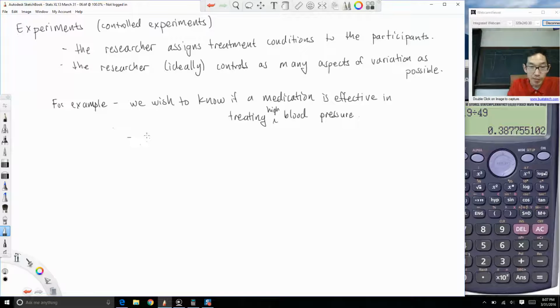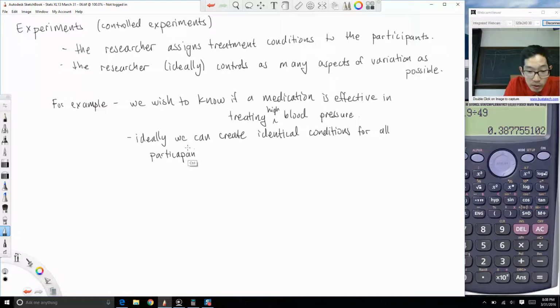So ideally we can create identical conditions for all participants, with the exception of the treatment versus placebo or control group.